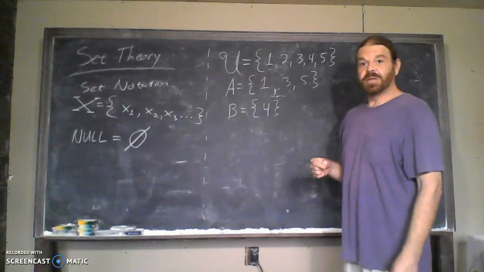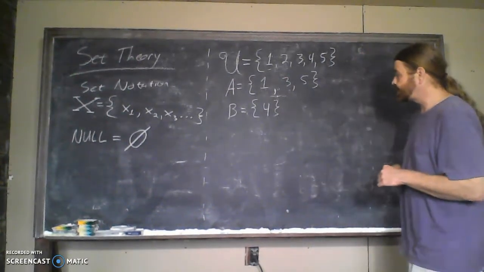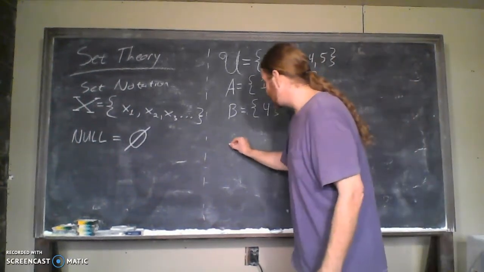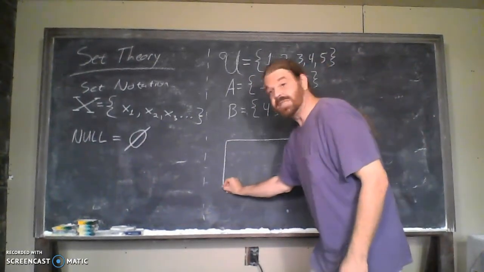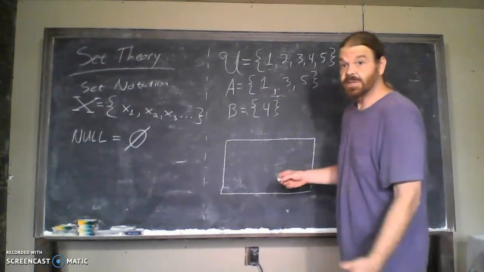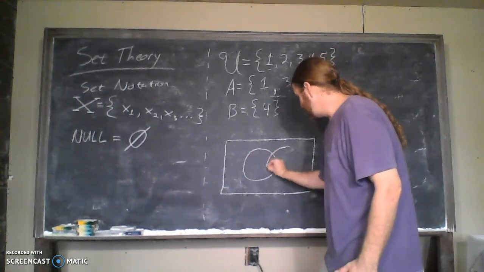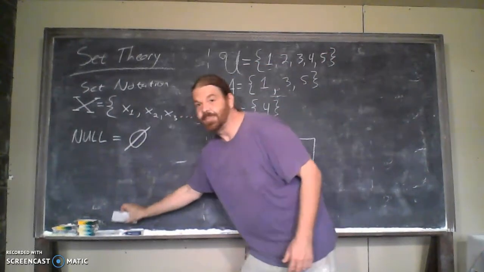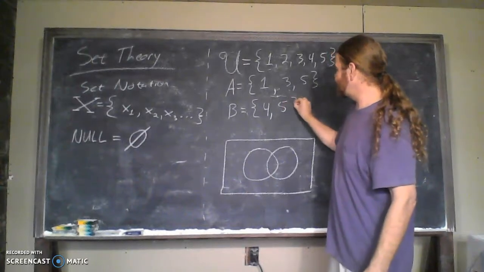Then we can do things with this by looking at the combinations of the sets. A good way to introduce that is with a Venn diagram so we can point at it. You may have seen Venn diagrams before. That's where we have a rectangle with several bubbles inside and they overlap. Actually, I want something to overlap here, so I'm going to add 5 to set B as well.